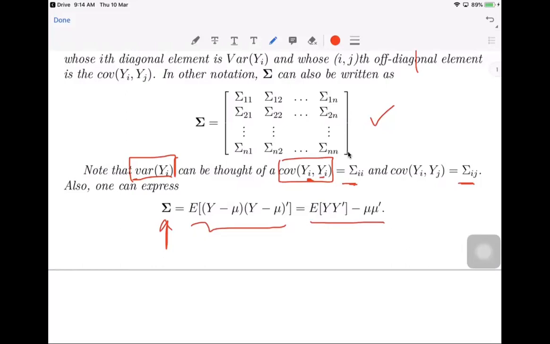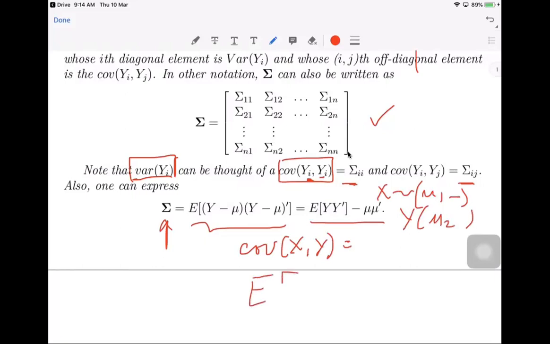In general, for the covariance of x and y, where x has mean mu1 and y has mean mu2, the covariance is the expectation of x minus mu1 times y minus mu2 prime.